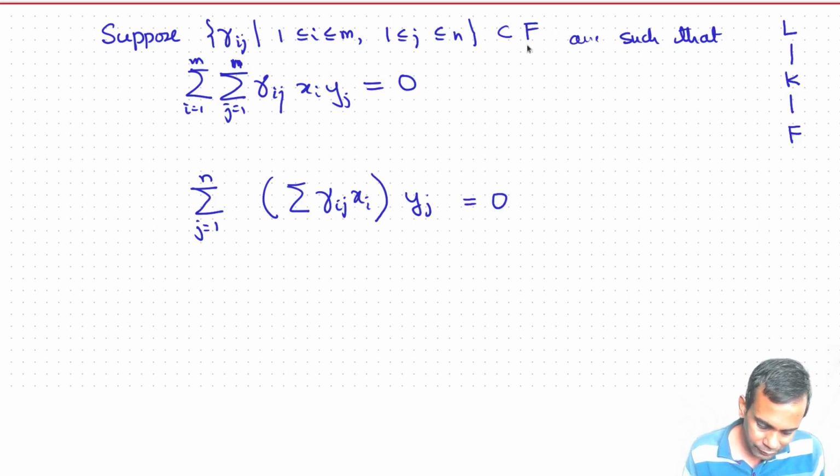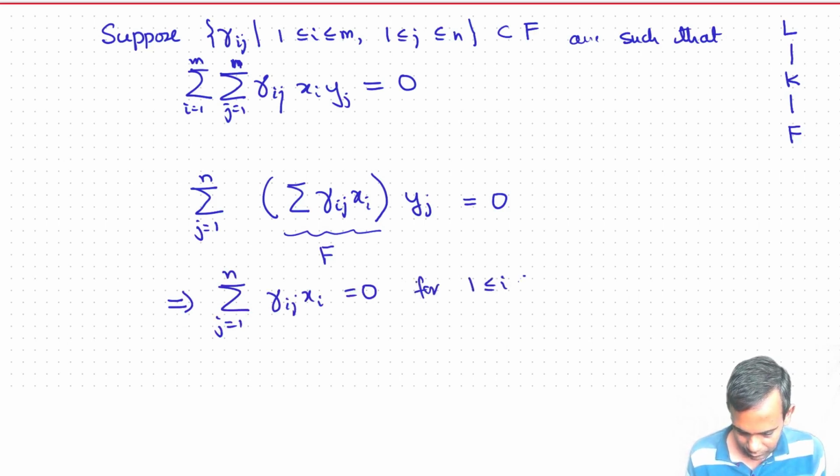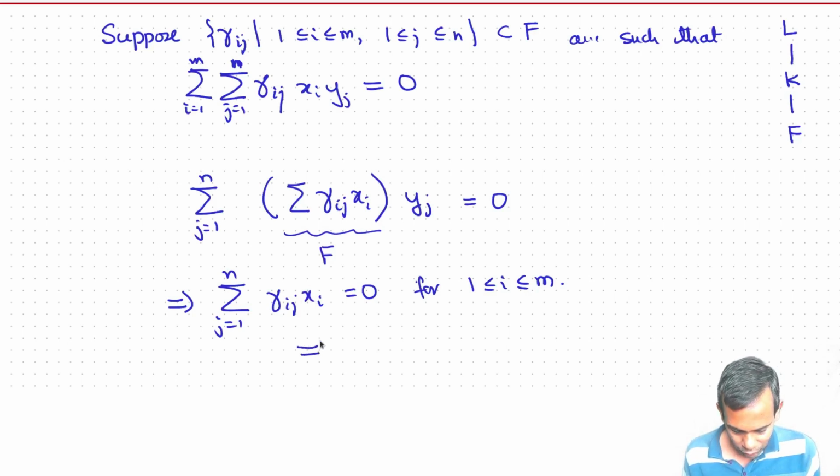Well, these gamma ij's live in F, and the xi's live in K. So this thing lives in K, and this is a basis of L over K. So since this is a basis of L over K, this implies that the summation of gamma ij xi is equal to 0 for every j between 1 and n. But because the x1, x2, up to xm form a basis of K over F, that would mean that each of these gamma ij's is also equal to 0.